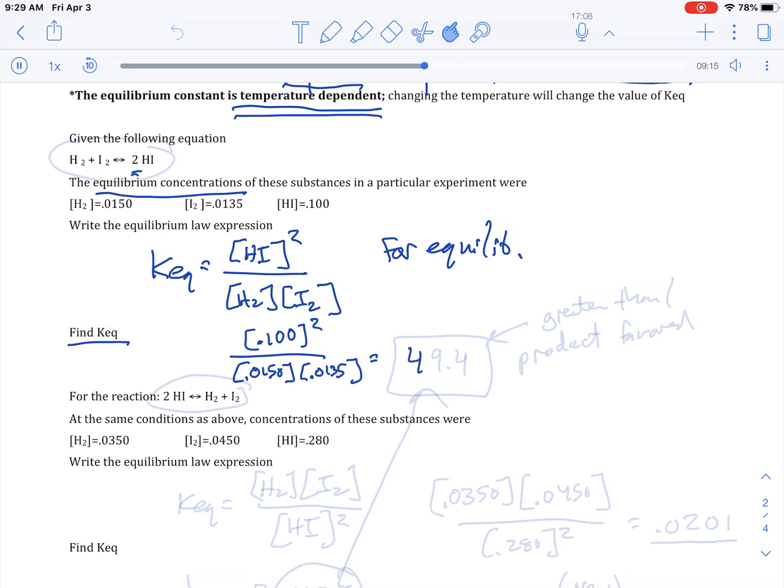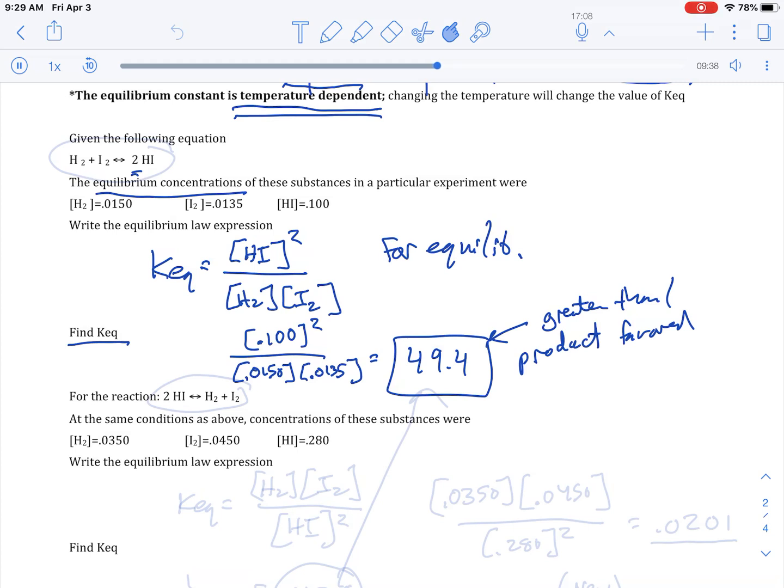We get a value of 49.4. So since this value is greater than 1, this is product favored. That means at equilibrium, you're going to have more product than reactants.